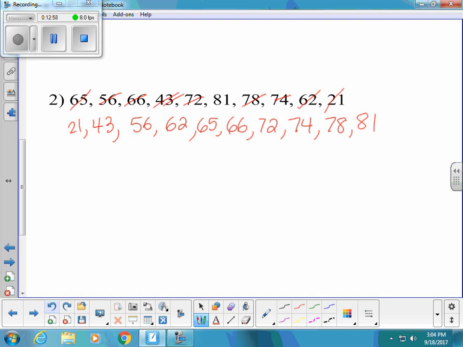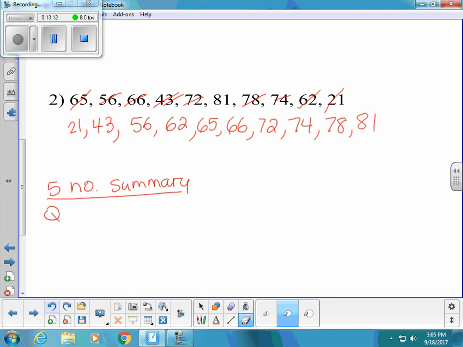Okay, so now we're ready to make our 5-number summary. It's called 5-number summary because you get 5 numbers. First number is Q2 or the median. This one's going to have 2 numbers in the middle, remember, because it's an even list.